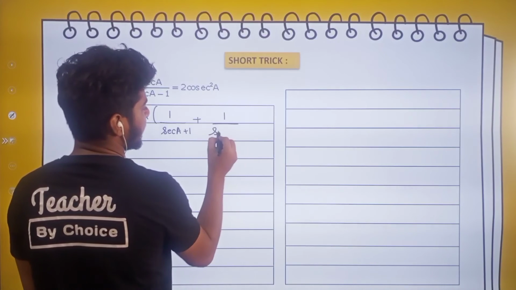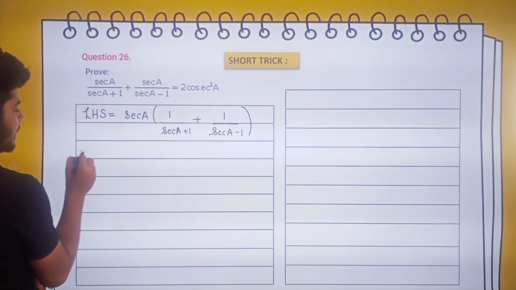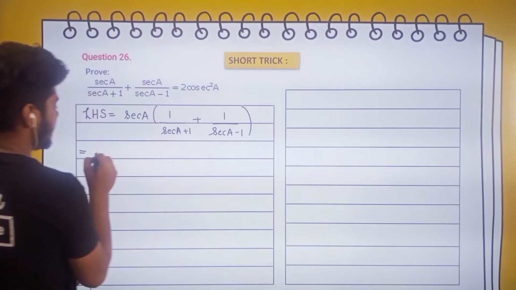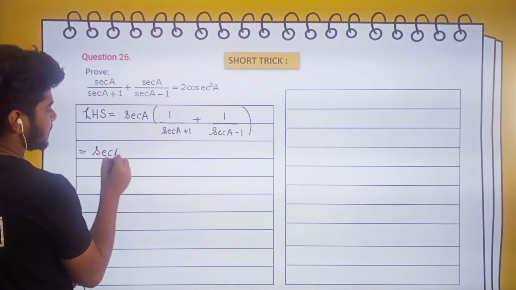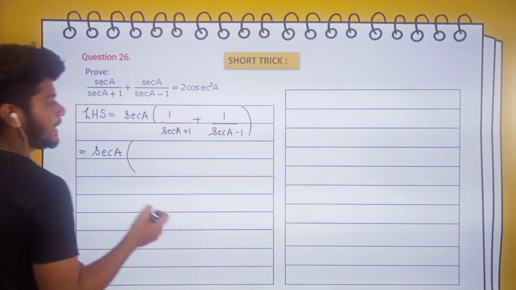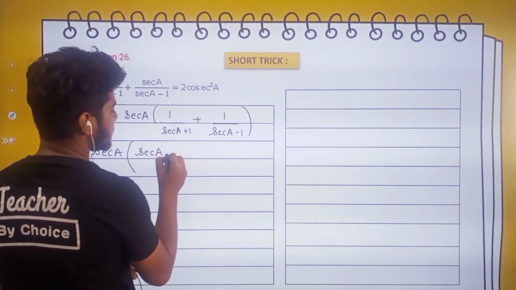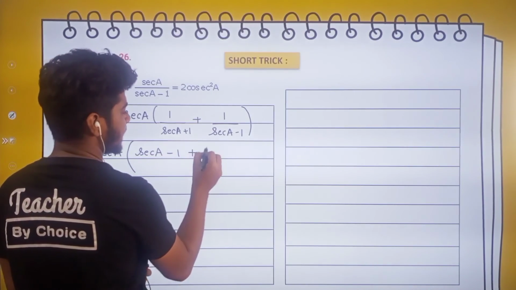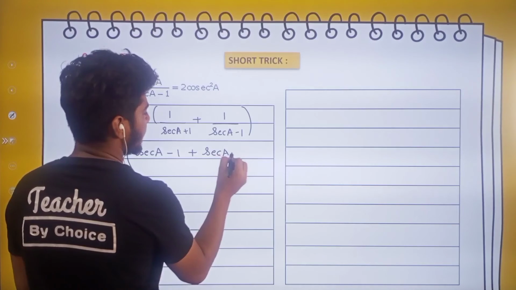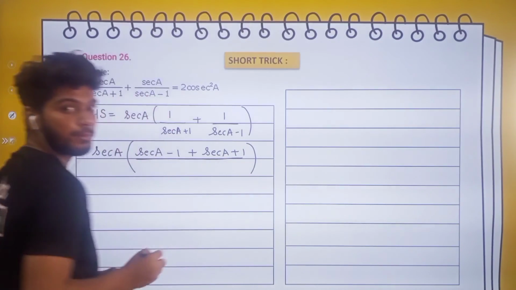Now what you will get? Keep this sec a as it is. What will change in the bracket? Sec a will come up. Taking LCM, this is sec a, this is sec a minus 1 plus sec a plus 1, sec a plus 1. Yes, I hope you are with me.